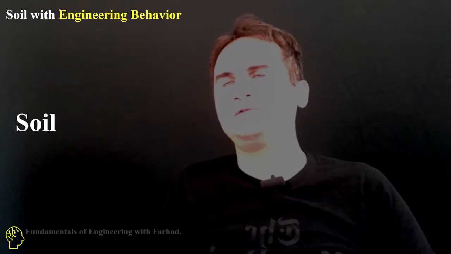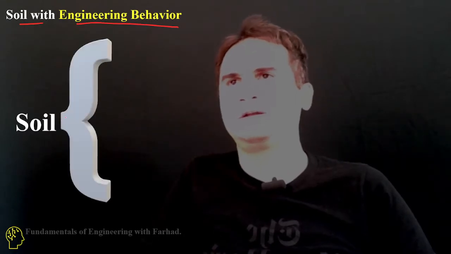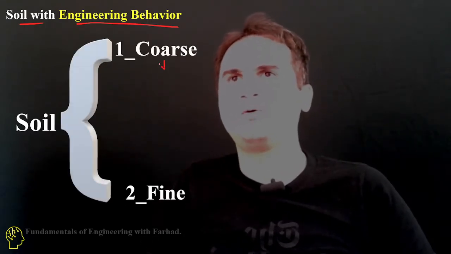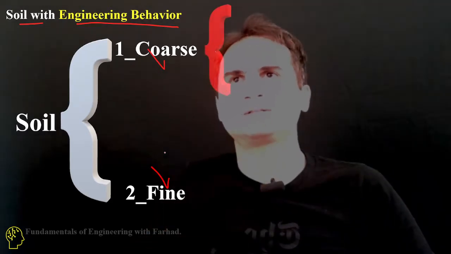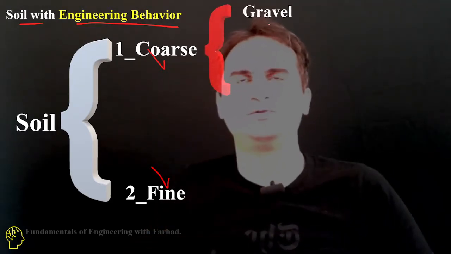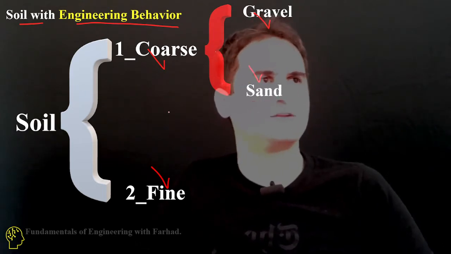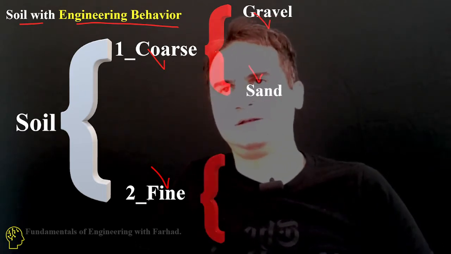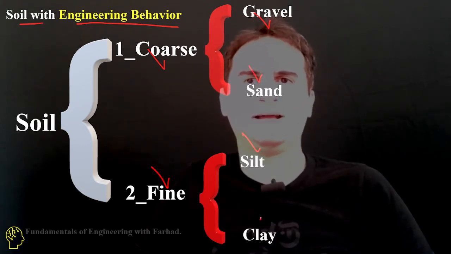So if we want to talk about soil in terms of engineering behavior, we can divide it into coarse material and fine-grained soil. The coarse material itself is divided into gravel, which is the bigger one, and sand. In the fine fraction of soil we can have silt and clay.